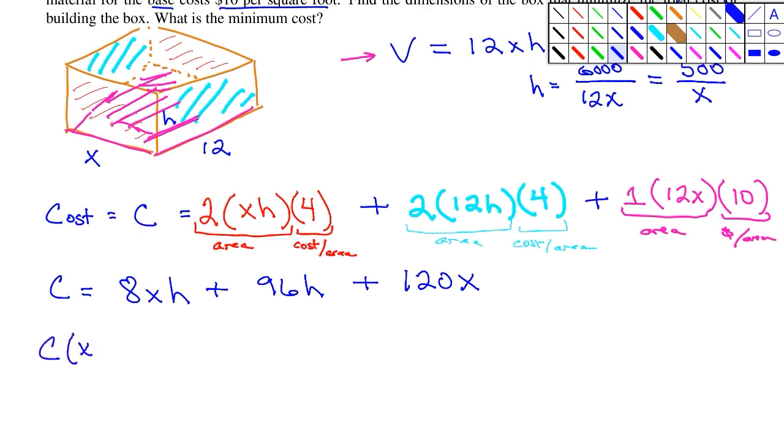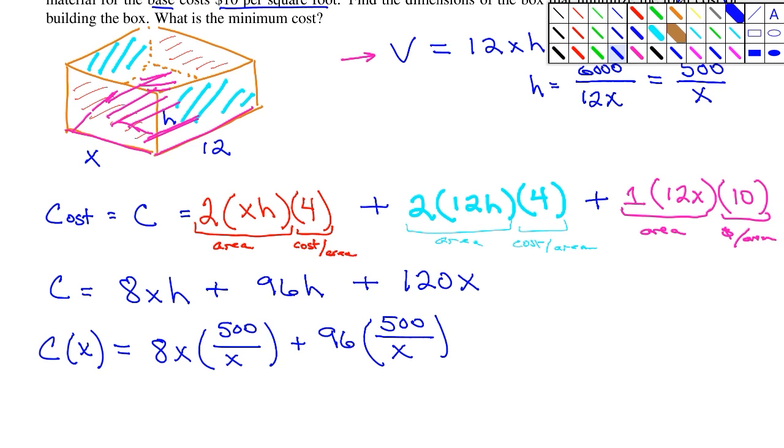That makes it cost of x, c of x. And I'll replace the h's with 500 over x. So it's 8x times 500 over x, plus 96 times 500 over x, plus 120x.